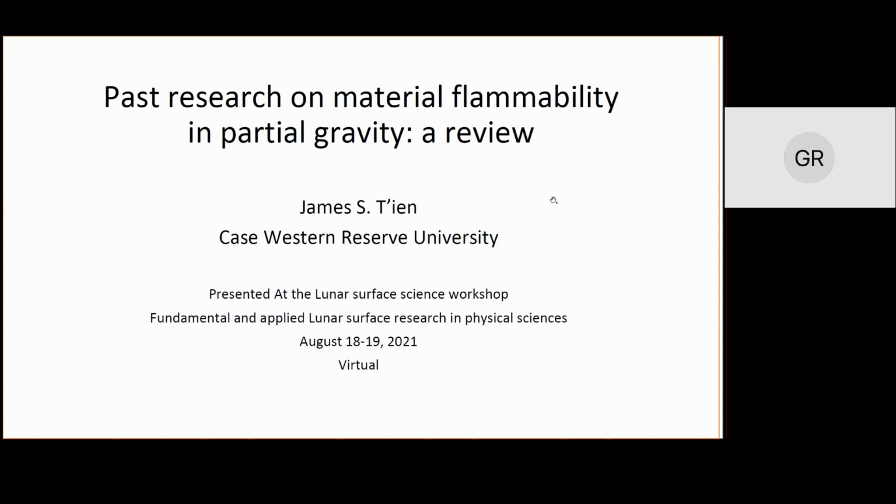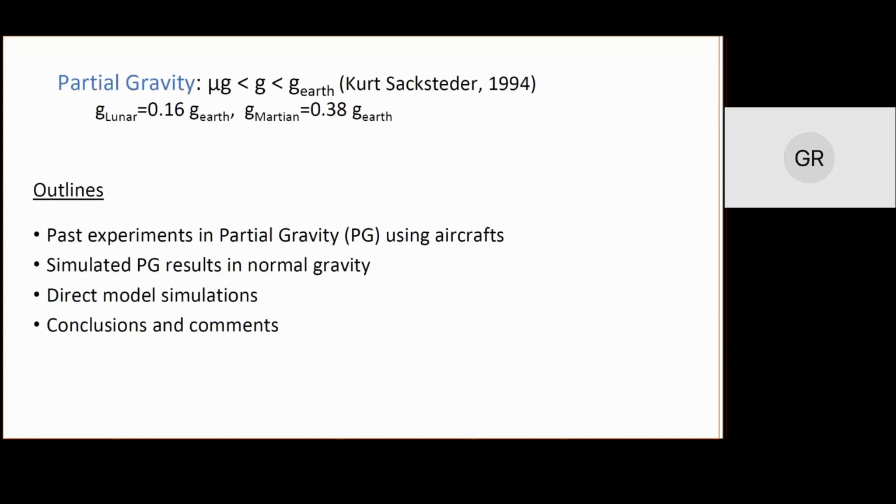Okay, and this review will be short, only 10 minutes, and many of the materials have been covered by Gary and Paul. Partial gravity is basically the gravity between microgravity and Earth gravity. And I think the terminology was first introduced by Kurt Sacksteder almost 30 years ago.